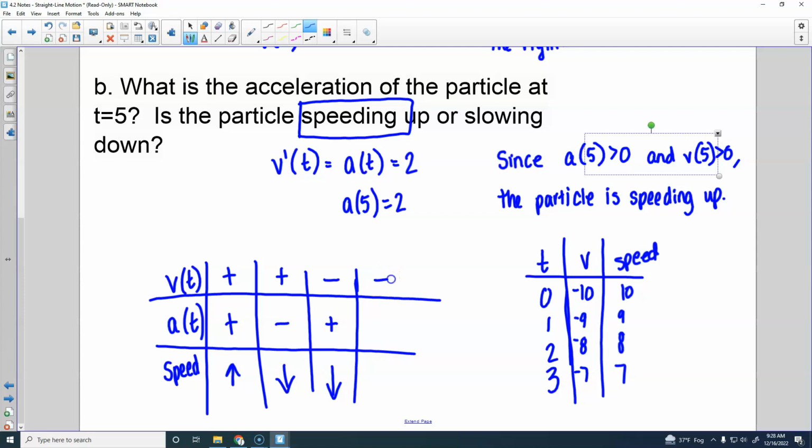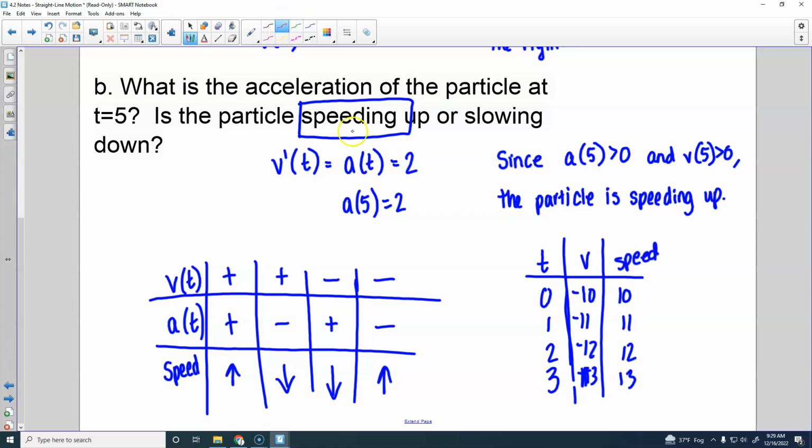But, if you're going backwards, you have a negative velocity, and you also have a negative acceleration. Now let's think about what would happen with that. Yeah, so your velocity might be negative 10 here. If your velocity is decreasing, that means you got negative 11, negative 12, negative 13, negative 113, whatever, you're still decreasing. And so speed is actually increasing, right? So that you would be speeding up.